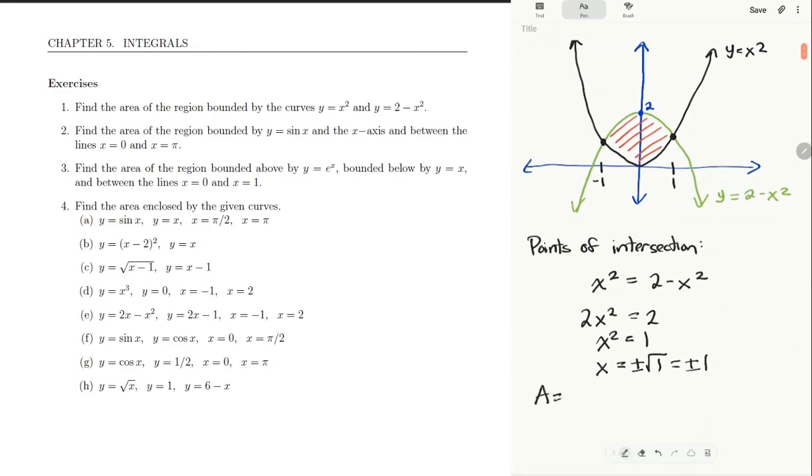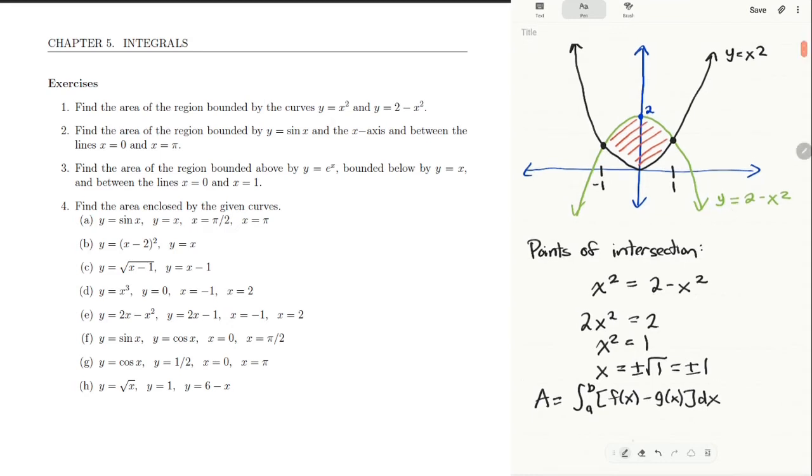So to determine the area of the region, we're going to integrate from a to b, and then take the difference between f of x and g of x. Now f of x is going to be the upper function, and g of x is the lower function. So if we look in our sketch, what we see is that the upper function is the parabola y equals 2 minus x squared.